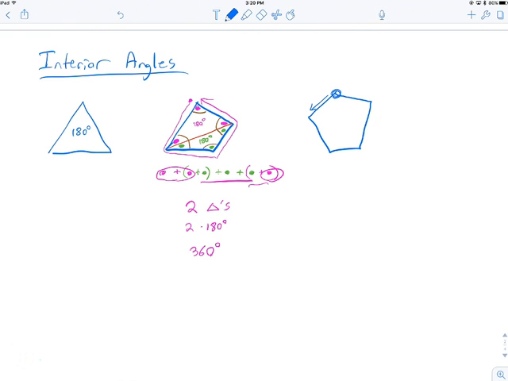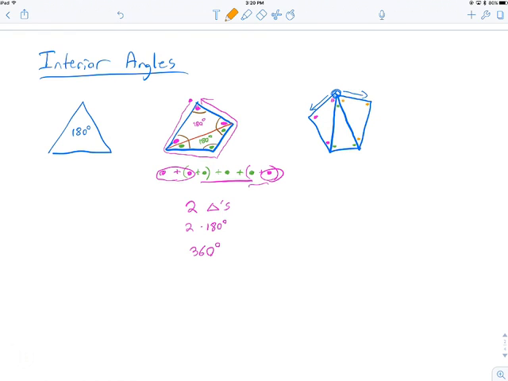Instead, I'll say, well, I can't connect to this vertex because that's a side. That doesn't cut anything up at all. And I can't connect to this vertex. It doesn't cut it into pieces. Instead, I'm going to cut it this way into a triangle and this way into a triangle. And notice I have these adding up to 180. I have these adding up to 180. And I have these adding up to 180.